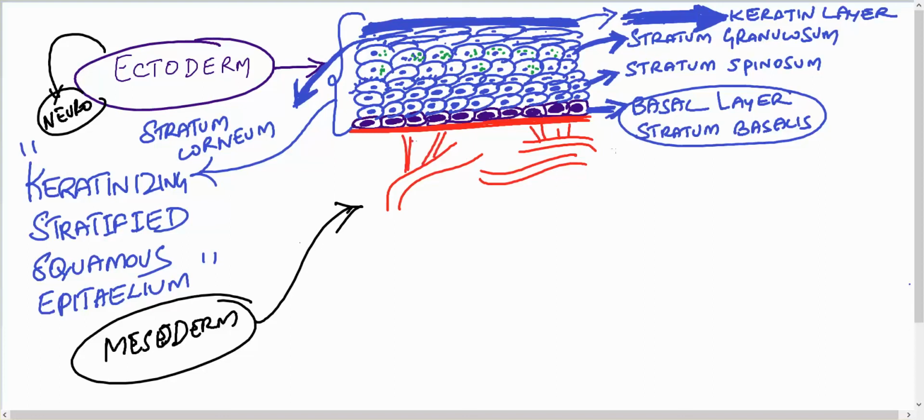Okay, so these blood vessels come from the mesoderm and support the epithelium.